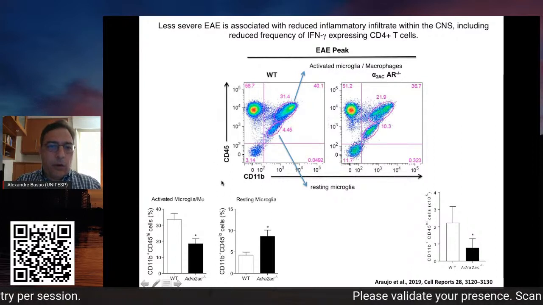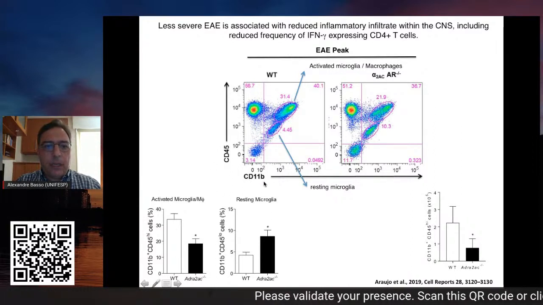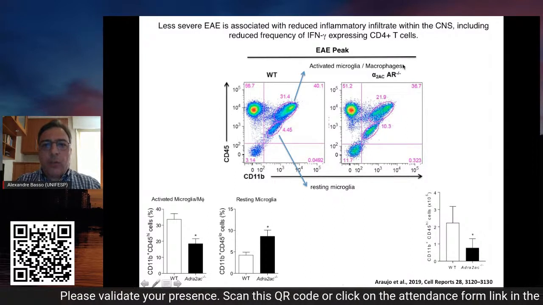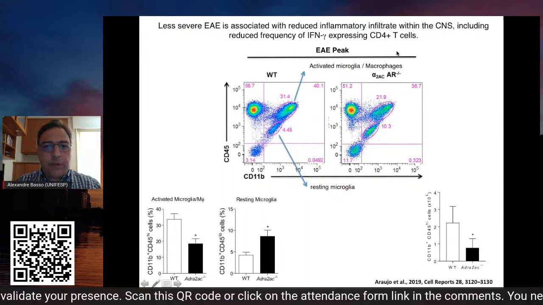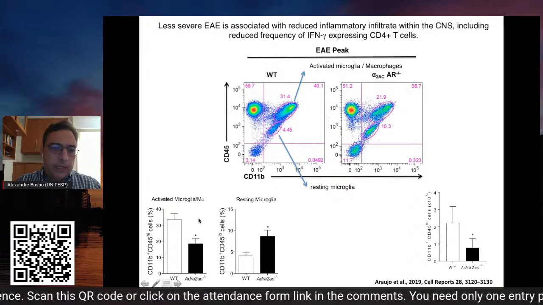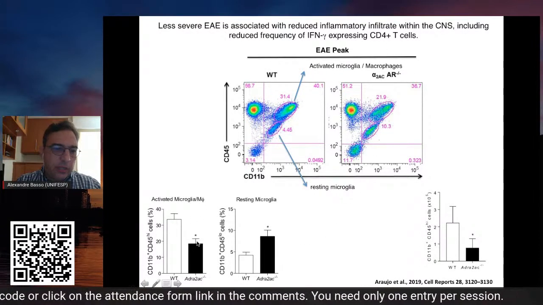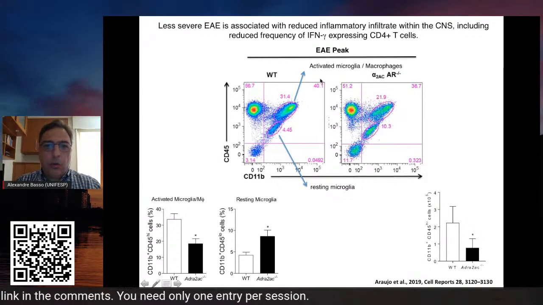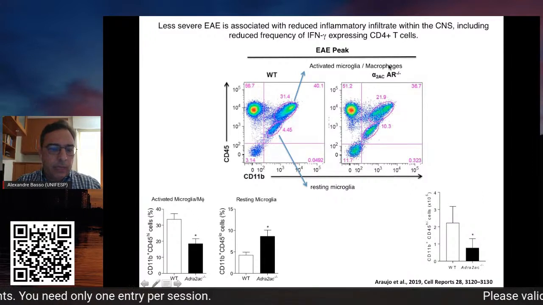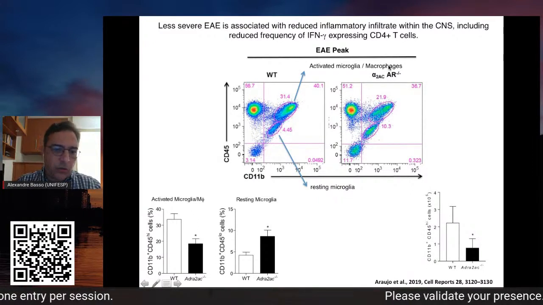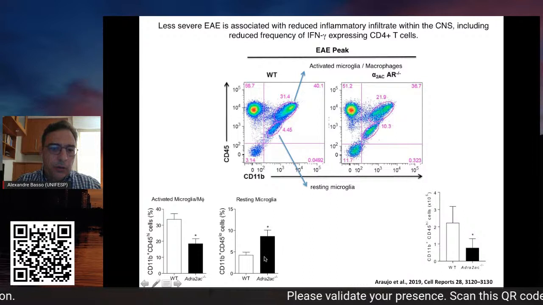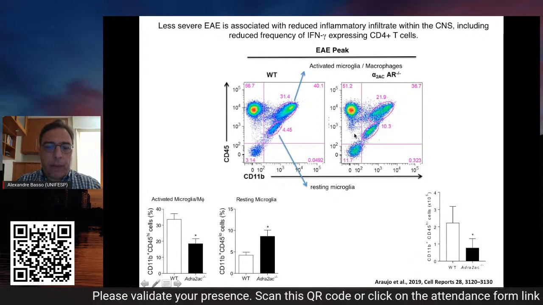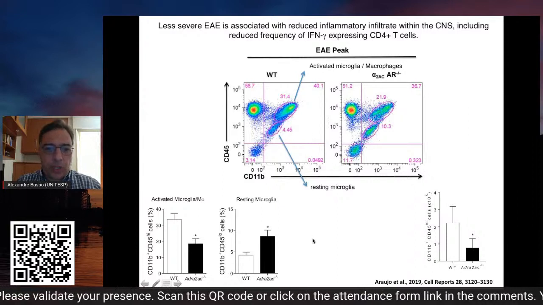CD45 and CD11b, and what we found was that the Ulk-deficient animals had a reduction in the frequency of this population here. So those are activated microglia and infiltrating macrophages or monocytes. And on the other hand, an increase in the frequency of resting microglia, as we can appreciate here.